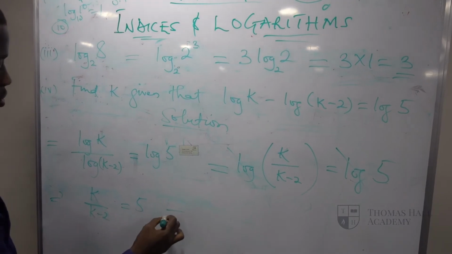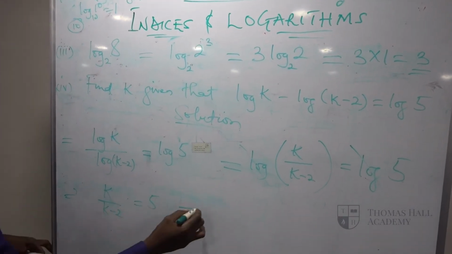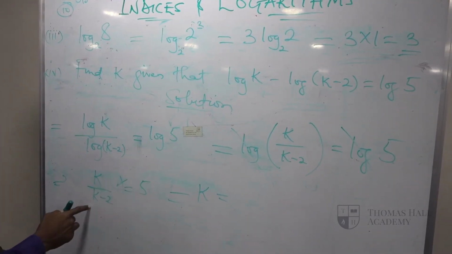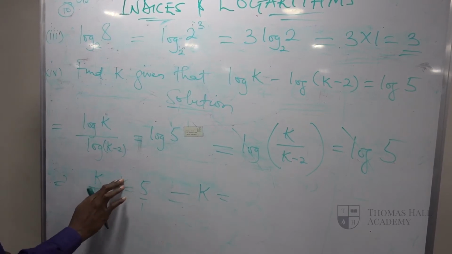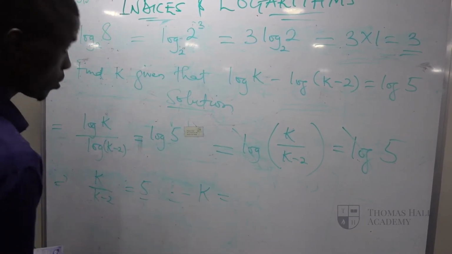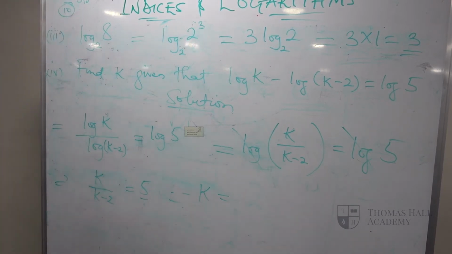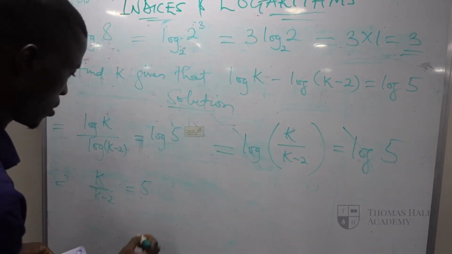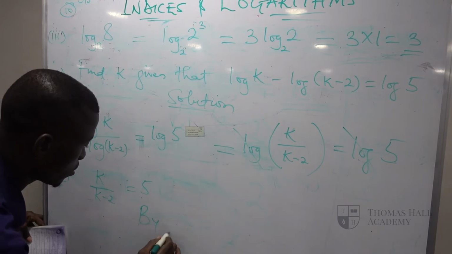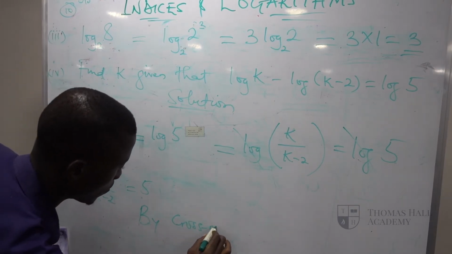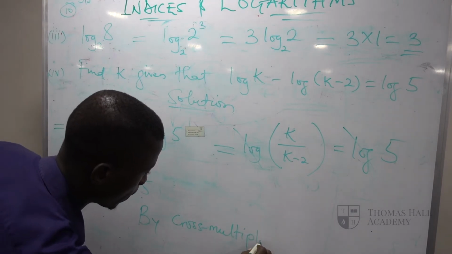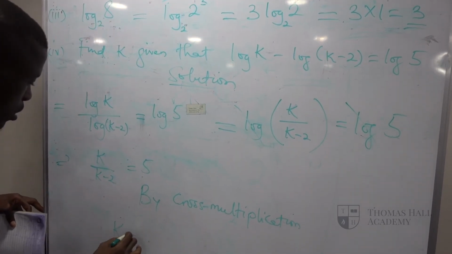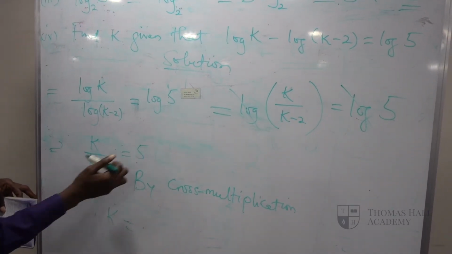By cross multiplication, k equals 5 multiplied by all of this. 5 is the same thing as 5 over 1.